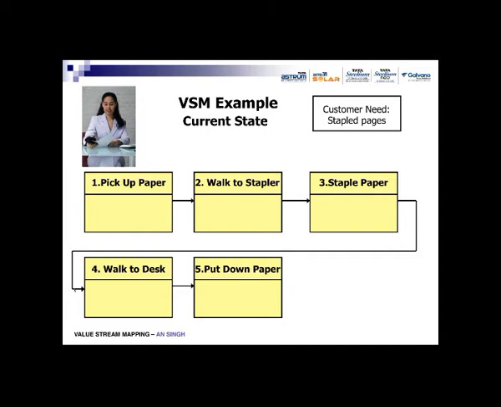How is the value stream map created? First all the 5 activities or 5 processes are mapped, then the time for each operation is recorded, and how much distance the person who is stapling the paper is traveling.